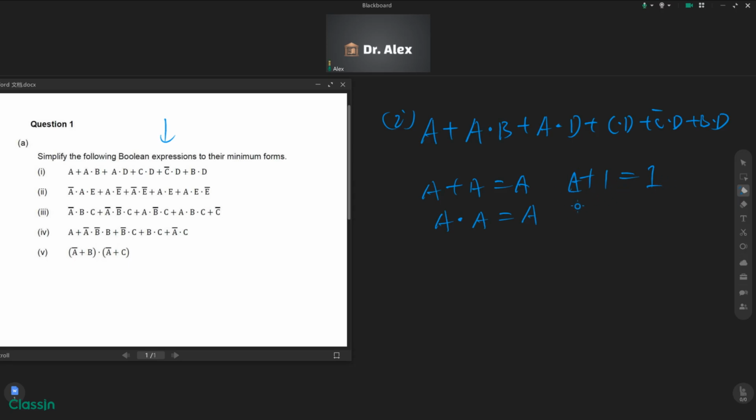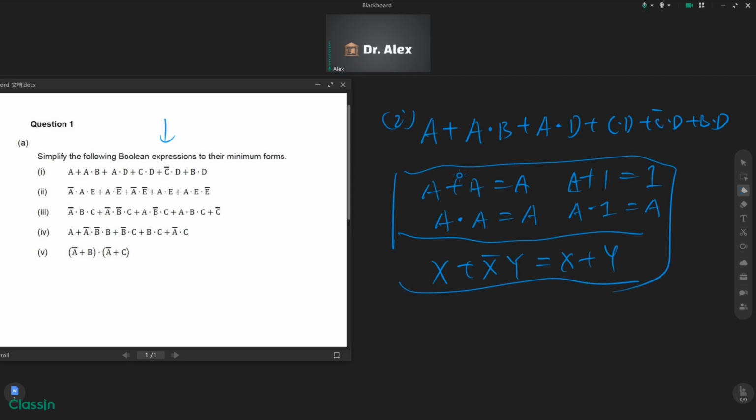And A and 1 is A. And another very important expression is x plus not x y is x plus y. Remember all these normal expressions, and we can get the simplified expression for the first one.